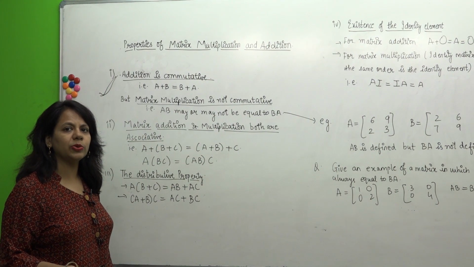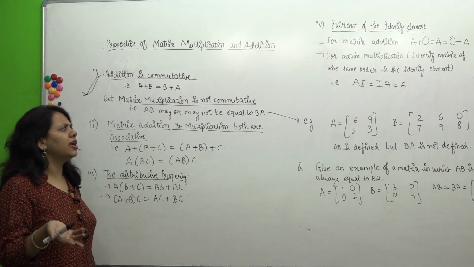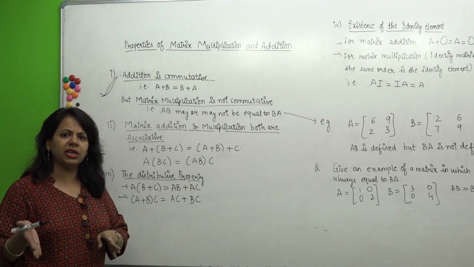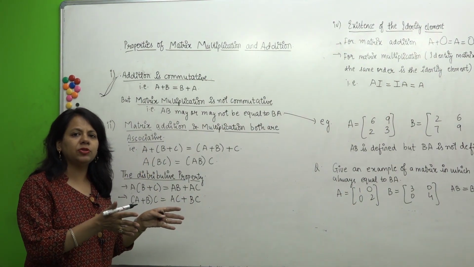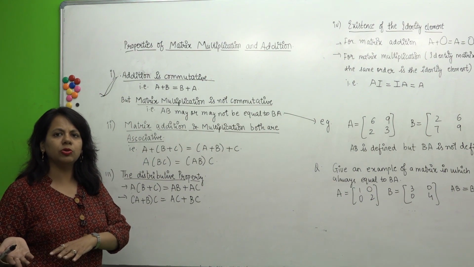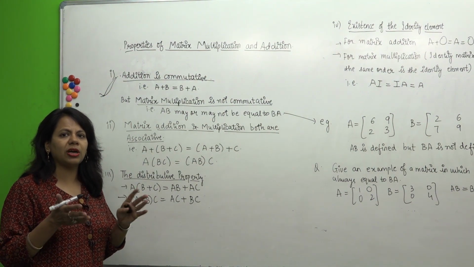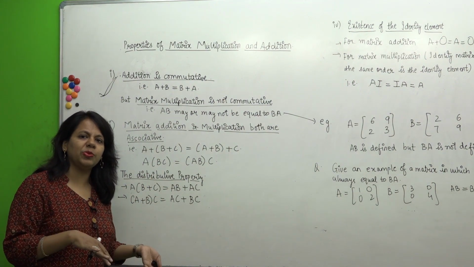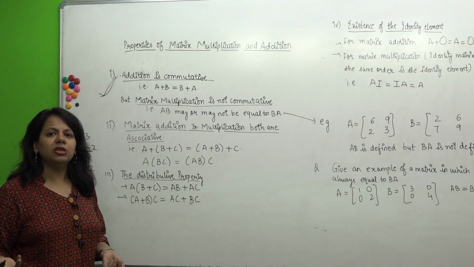As I told you earlier when we were doing the questions also, AB may or may not be equal to BA. Sometimes AB and BA are the same. Sometimes AB gives you a different value and BA gives you a different value. And sometimes AB is possible and BA is not possible. And sometimes BA is possible and AB is not possible.